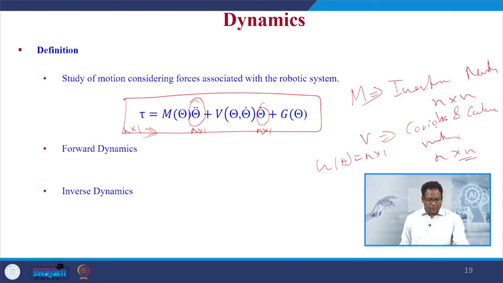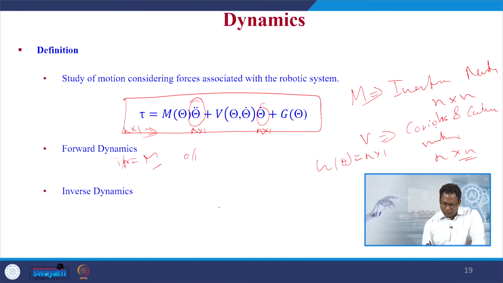Now, the dynamics has been classified further into forward dynamics and inverse dynamics. Forward dynamics means the input is torque, whereas the output is the joint trajectory: theta double dot, theta dot and theta.